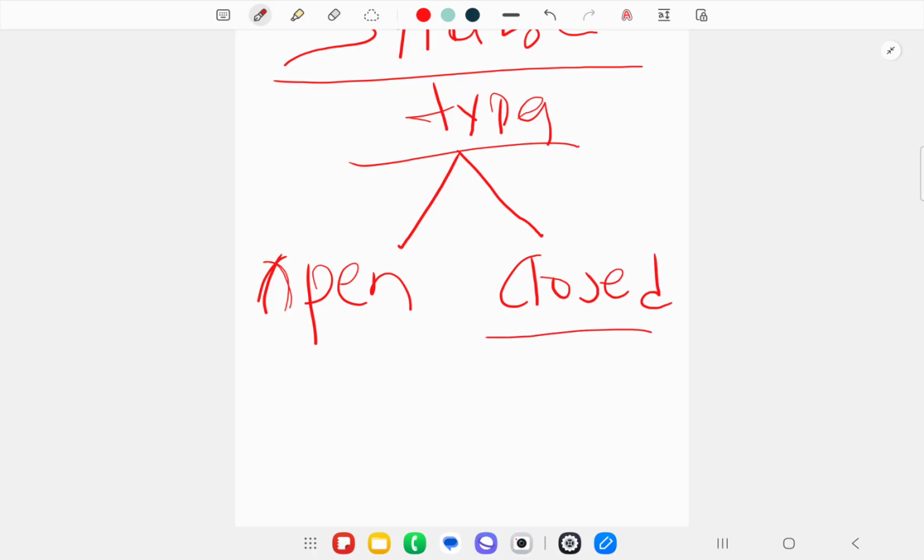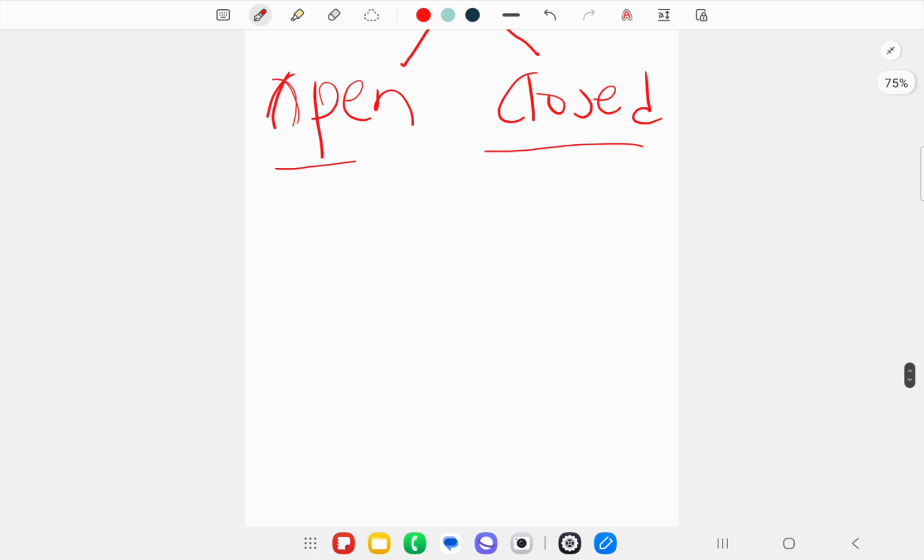What is the open syllable? Open syllable means that after that syllable there are no sounds attached. So an open syllable always ends with a vowel sound.